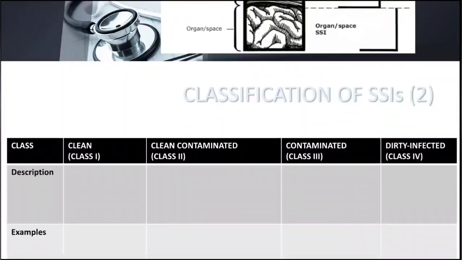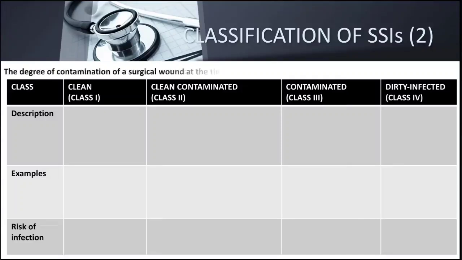The second classification is actually based on the degree of contamination of a surgical wound at the time of operation, and this is according to the National Healthcare Safety Network. This classification is also more like a risk factor for surgical site infections, right?